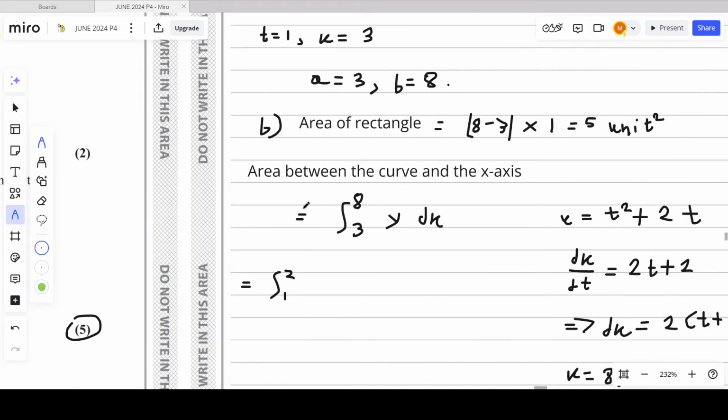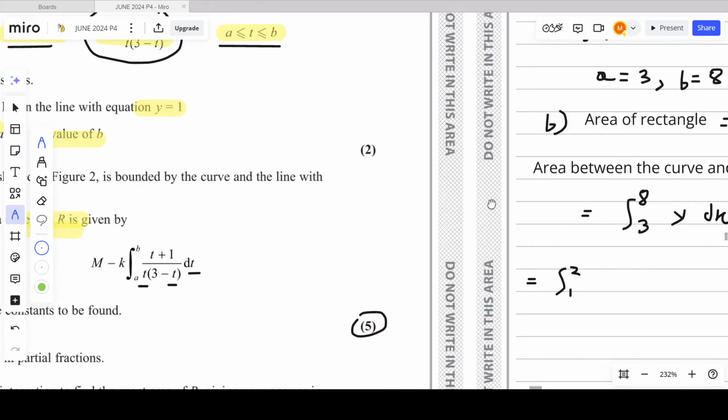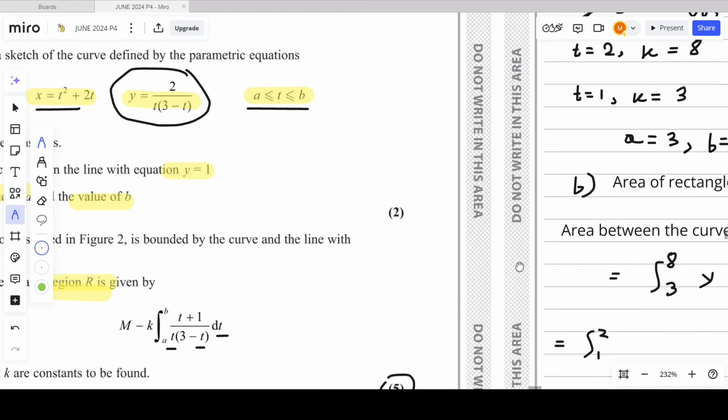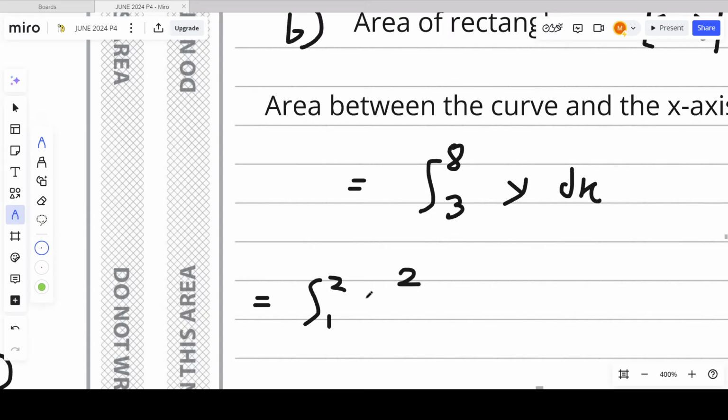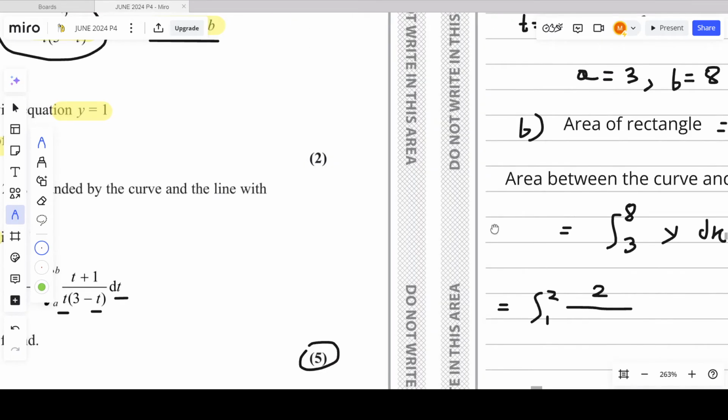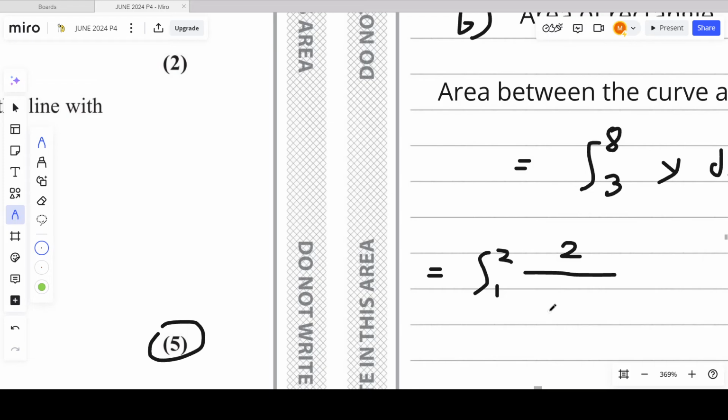In place of y, we will substitute 2 over t times (3 minus t), the parameter of y, t times 3 minus t, not 1.